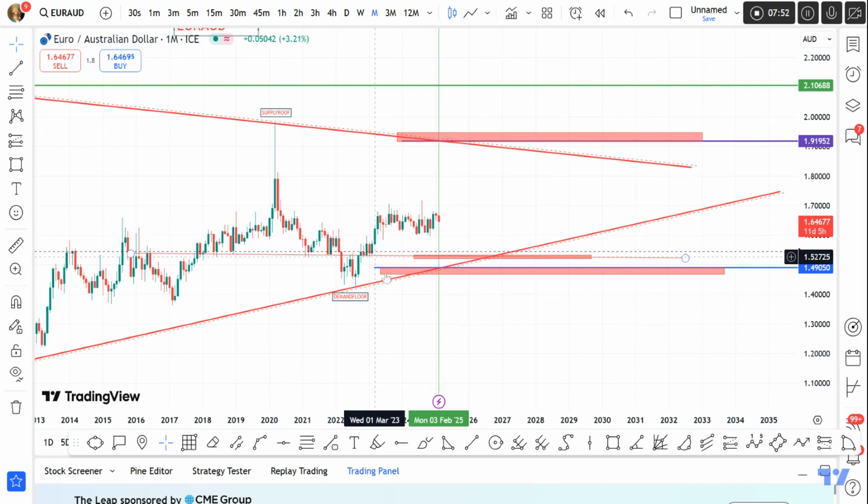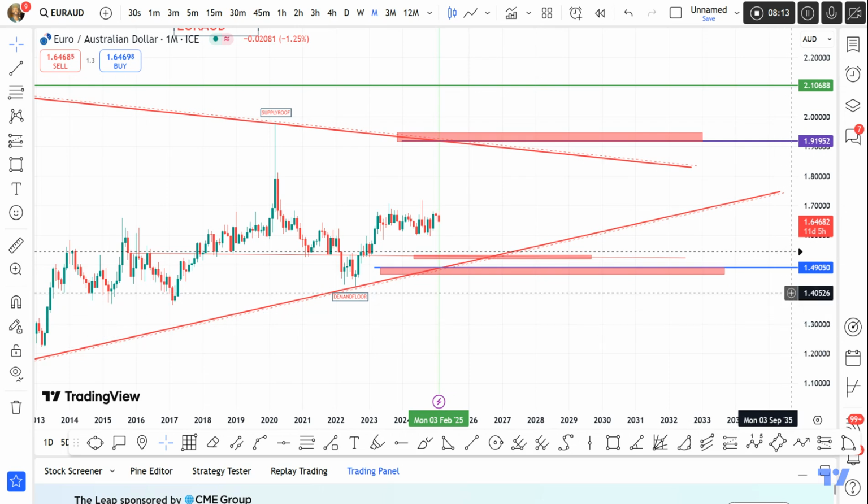A broken supply roof becomes a demand floor. After a consolidated retest on a monthly time frame, the market left and since then been very choppy. Now we're expecting a return. Tomorrow fundamental data print might be so heavy on euro that we will see price coming down to our area of buy 1.4.